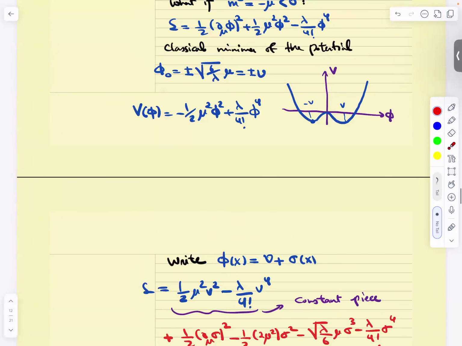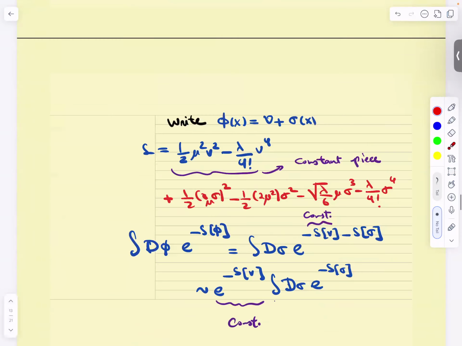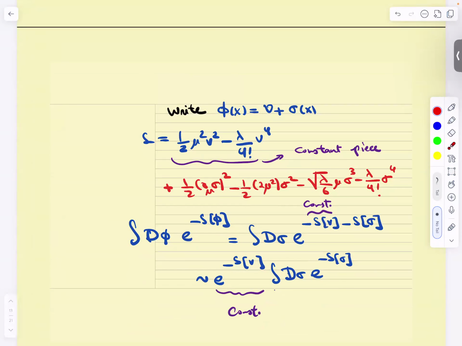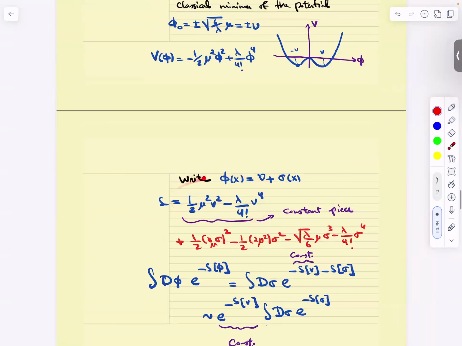So what I'm going to do is, the vacuum expectation value is v. I'm going to take phi of x to be v plus some sigma of x, right? That I'm going to take to be small. Good. Now I take phi of x to be v plus sigma and expand the potential. I'm going to get a constant piece. There is a kinetic term for sigma, right?